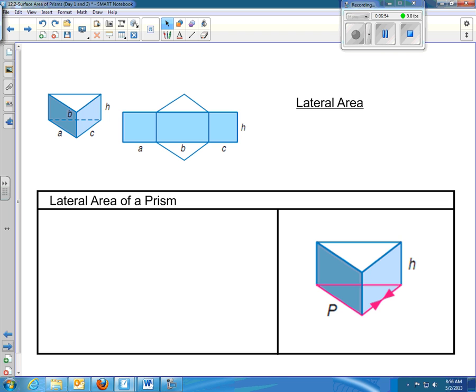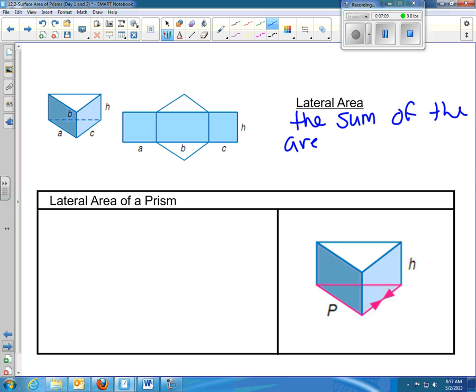All right, so let's talk about lateral area. Lateral area is the sum of the area of the lateral faces. The picture to our left is a great representation of this.